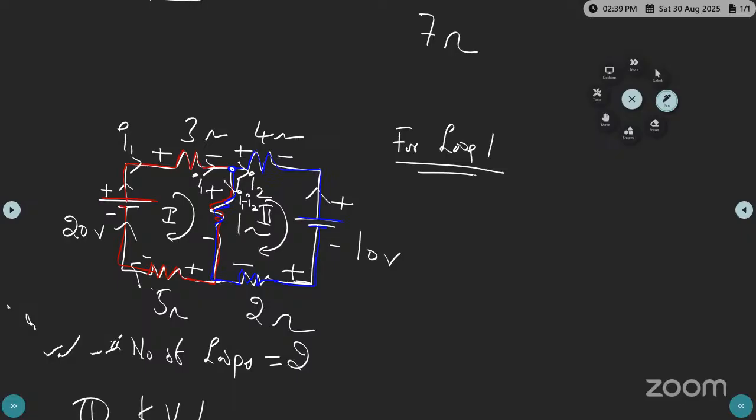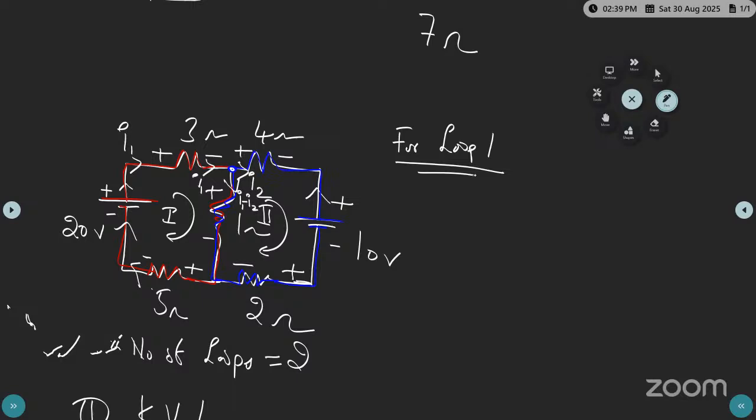Now we'll implement the statement on a problem. Kindly listen here. It is very important and very easy. I repeat, for the given problem, we identified the number of loops, so two equations and two unknowns will come, and the unknowns are I1 and I2.